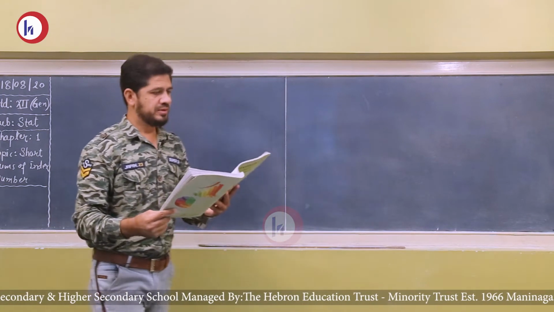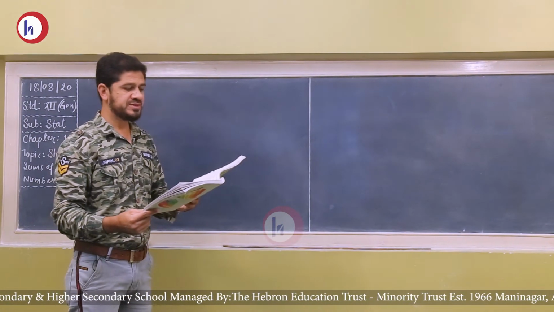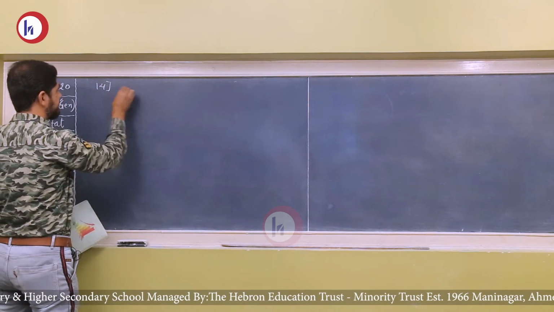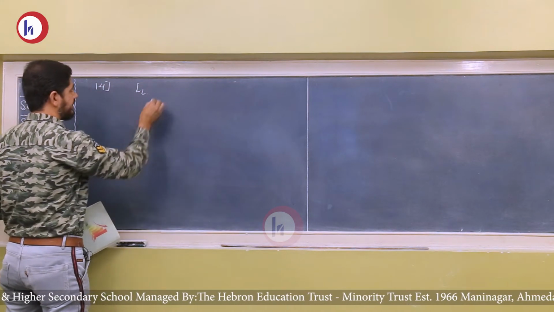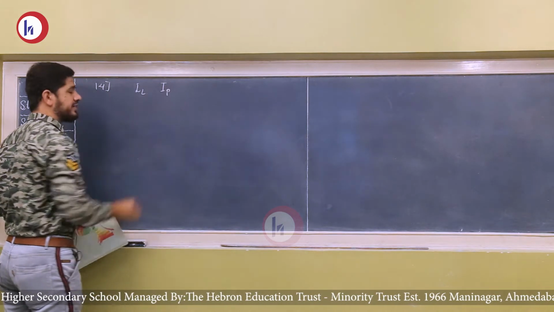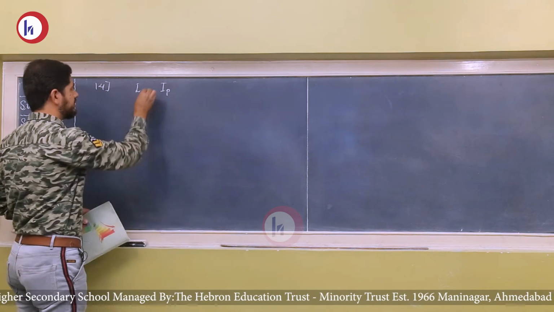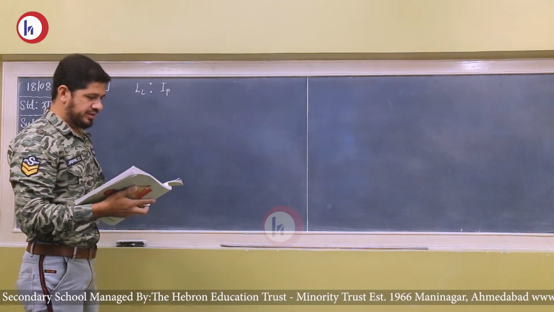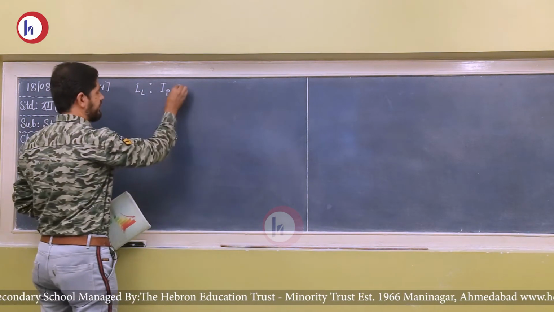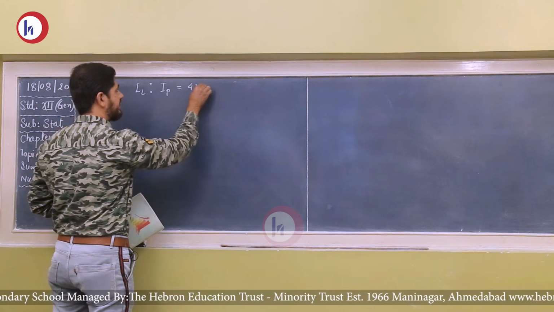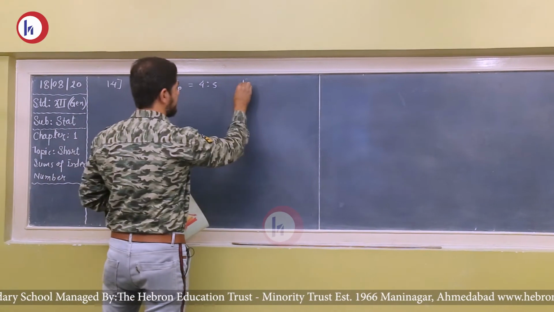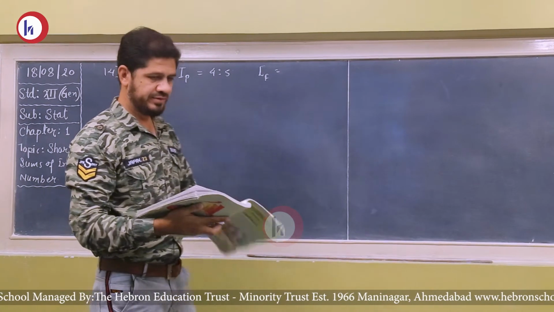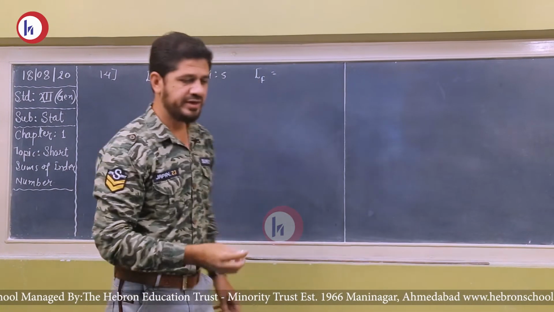So the ratio of Laspeyres IL and Paasche IP, that means they have the relation of division, is 4:5, and the index number of Fisher, that is IF, is given to us as 150.